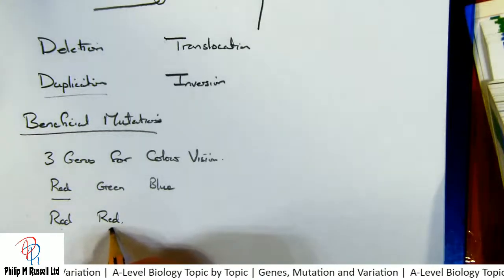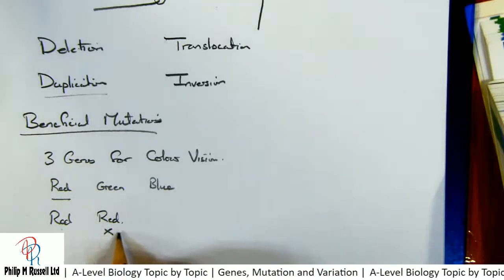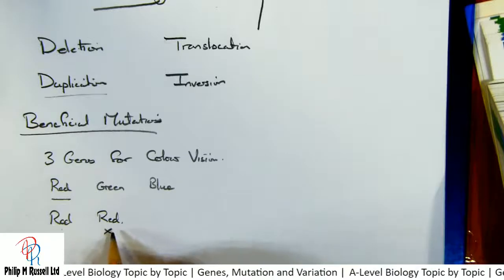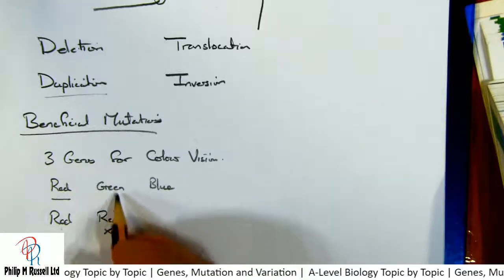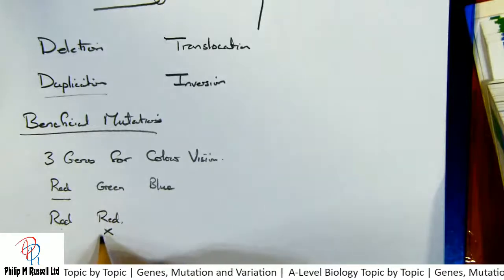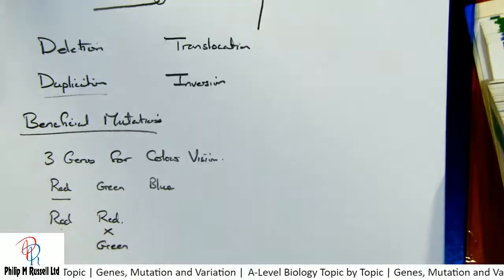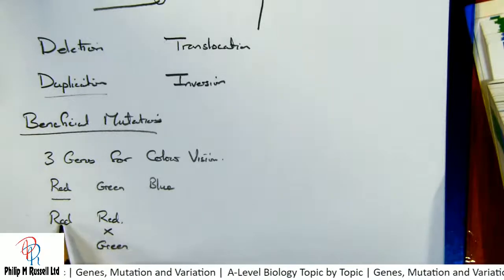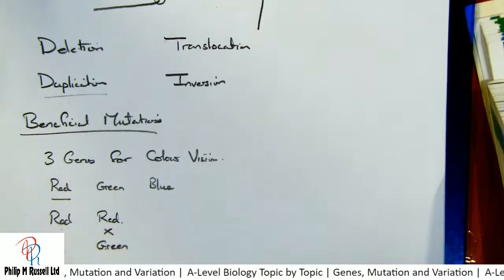But this one now suffered a mutation, and what's happened to this one is that the frequency of light that it can receive is now gone from the red to the green. And now, if I've got both genes, I can see more colour.